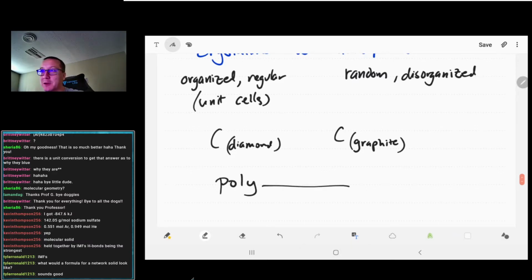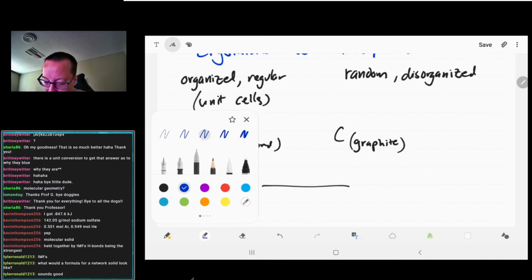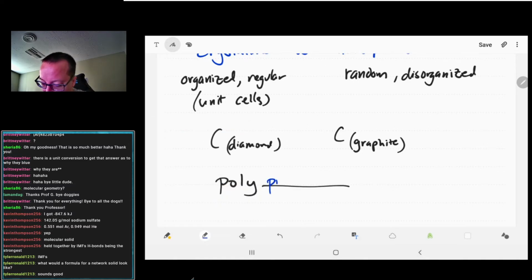A polymer would be a network solid as well. You can throw in whatever word you want in here: propylene, polyethylene, those sorts of things. If you see the word poly in front of it, that's a polymer, and polymers would be our network solids.